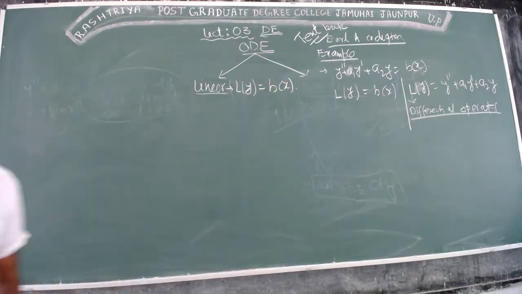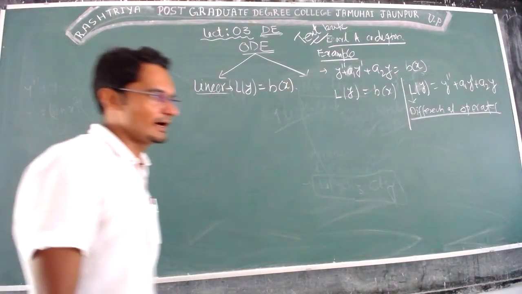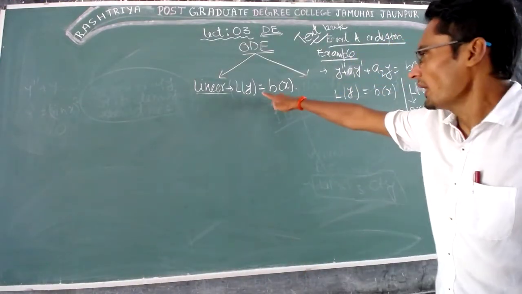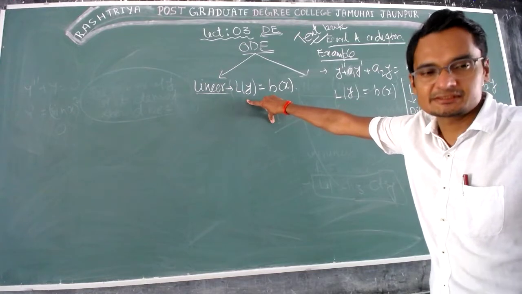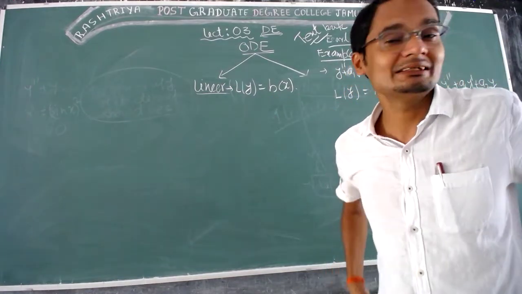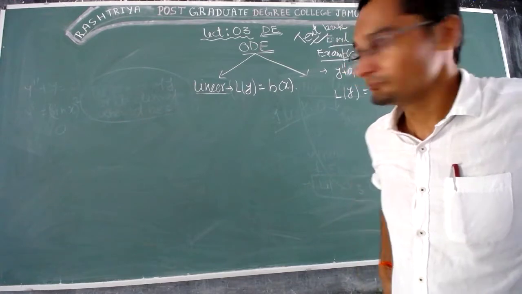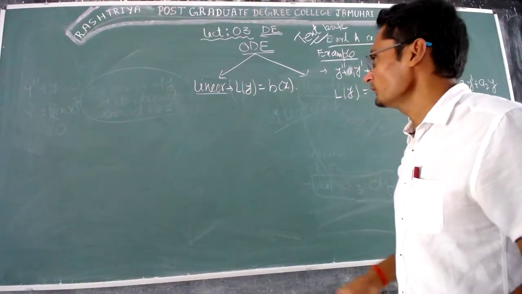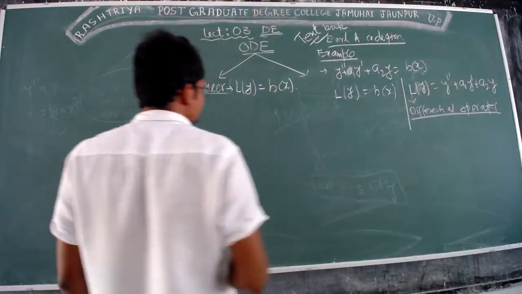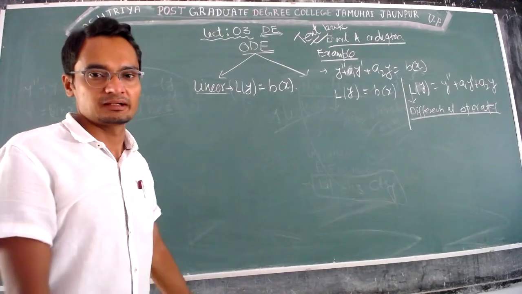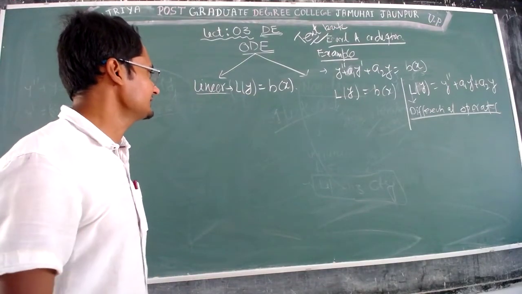Whenever we write Ly equal to d(x), L is the differential operator and y is the dependent variable, in which the power of y and its derivatives is always either 1 or 0 only. This is the differential equation.